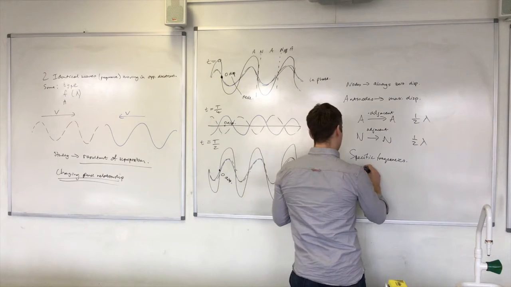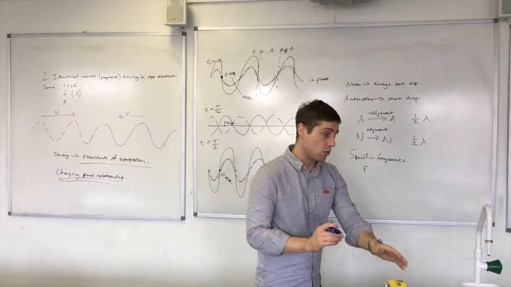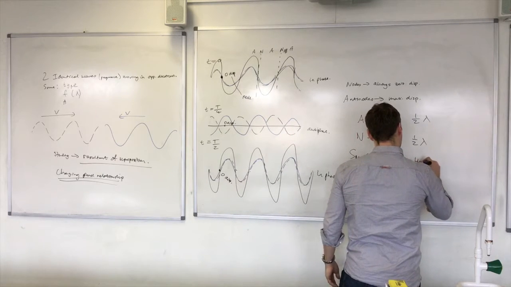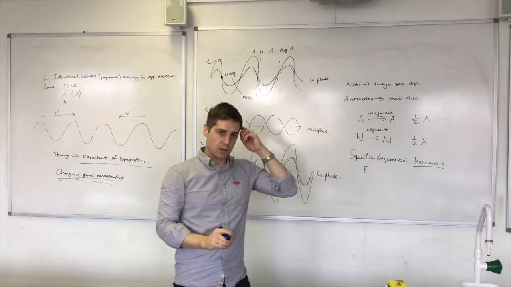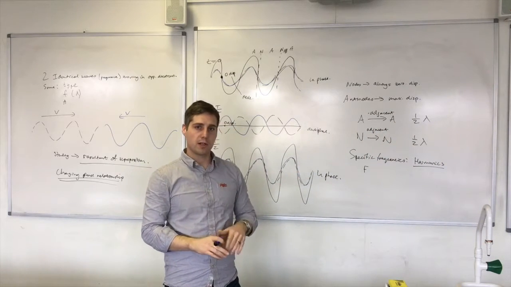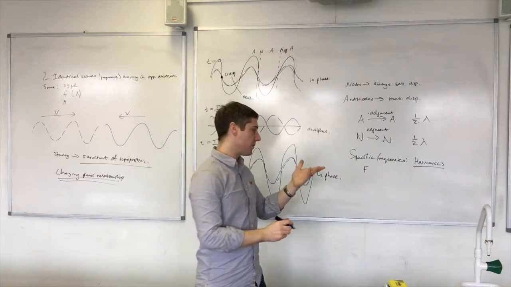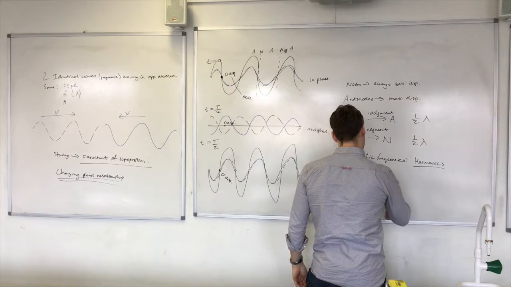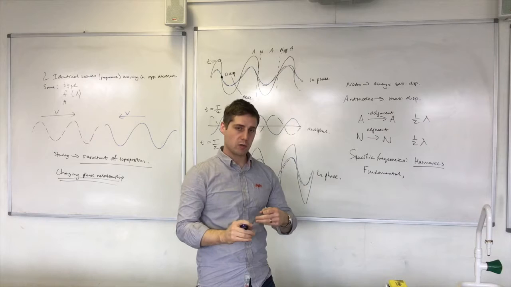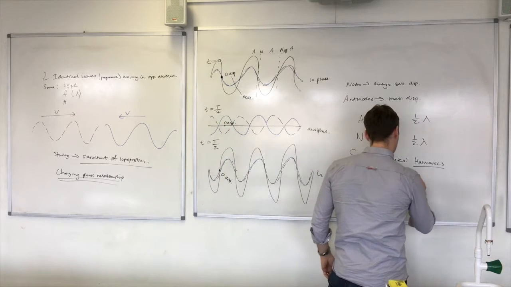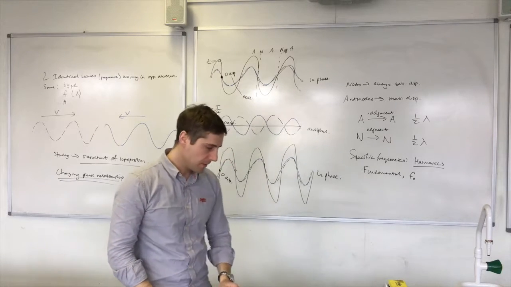You get the first standing wave form. The specific frequencies are called harmonics. That is a key word that you should know and be able to use. Harmonics are the specific frequencies at which standing waves occur. And the first one is called the fundamental mode of vibration. That occurs at a frequency which we call F0. So that's the fundamental frequency.